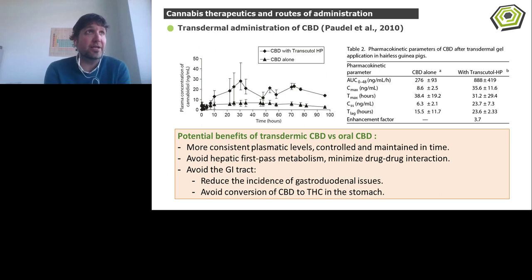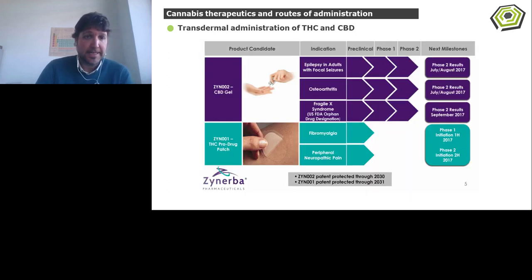I think right now there are 3 or 4 groups that have described the conversion of CBD to THC in the acidic environment of the stomach. That would technically be something that one could avoid with this route of administration. However, I think this conversion in vivo remains controversial.